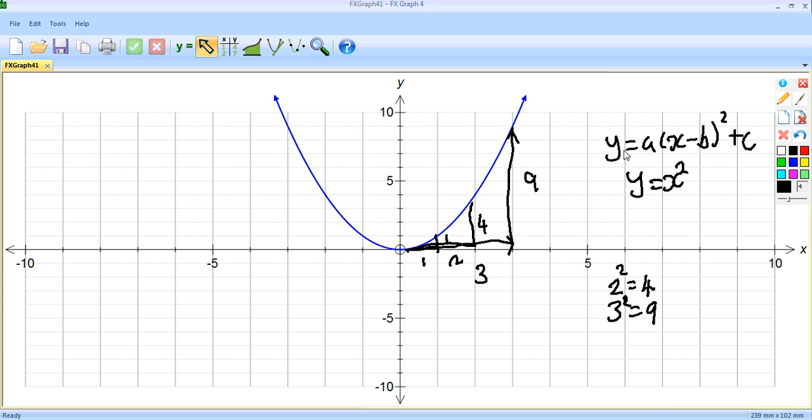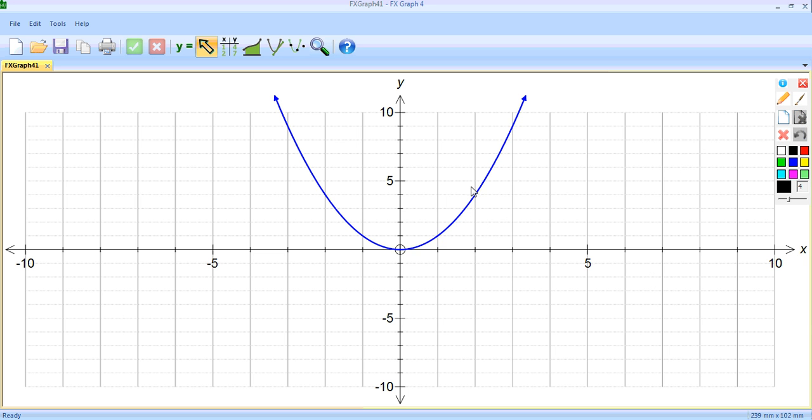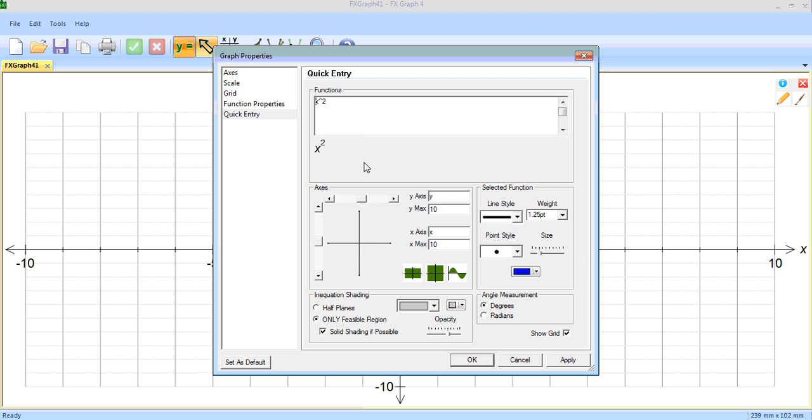At the moment that's just a standard y equals x squared graph, so let's have a look at what happens when we start moving these things. If I want to move it to the right, I'll go minus 3 in there, and let's have a look at what happens.